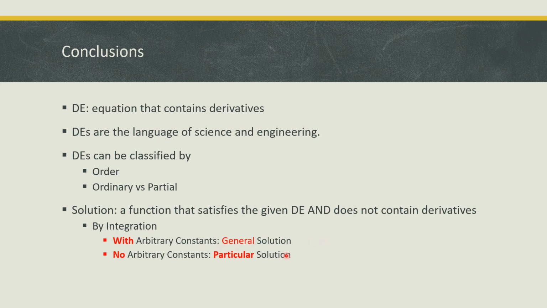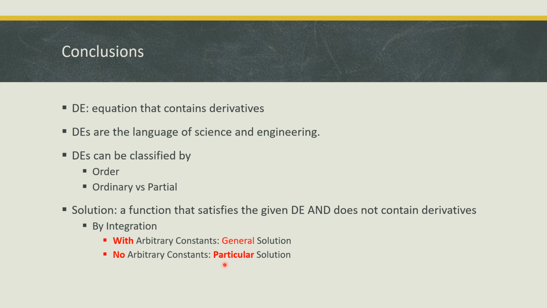When we are given more information so that we can eliminate the arbitrary constants and find more particular values for the constants, then we are able to obtain a particular solution. These are solutions where the arbitrary constants are now eliminated and we have just a very specific, or particular, solution.